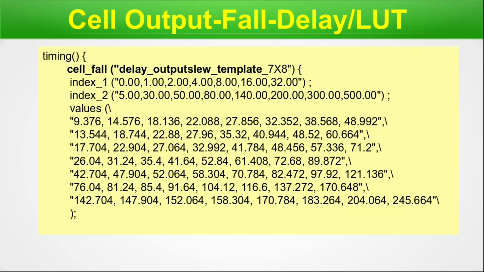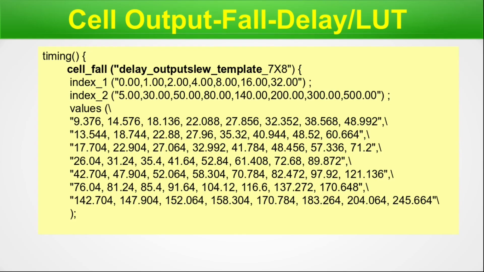Because in our actual .lib file, that is the Liberty timing file, all these kinds of various lookup tables will be present. So I'm knocking it into your mind with the example, so that you remember when you open and read a .lib file and you don't feel lost in the data.